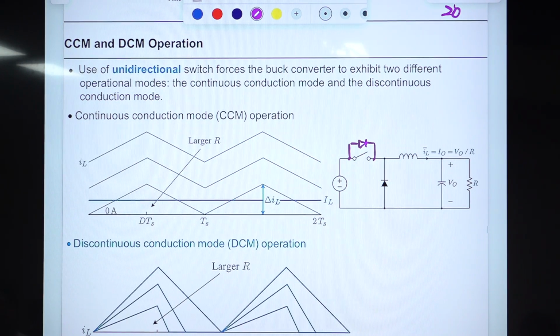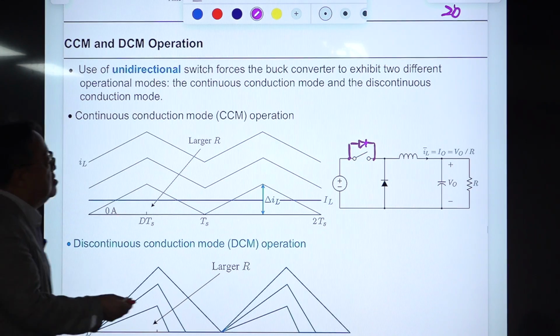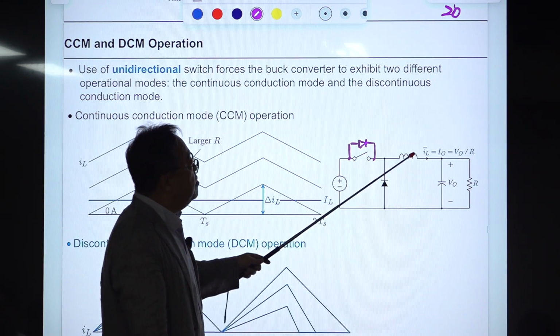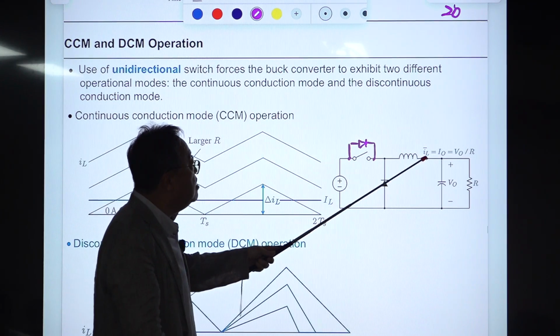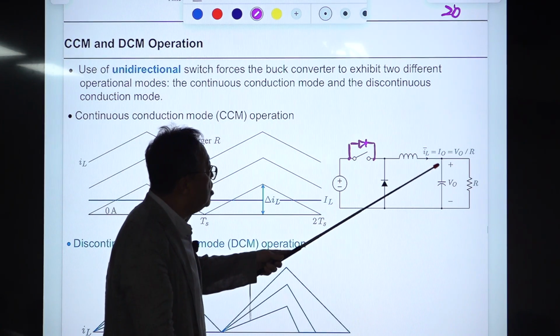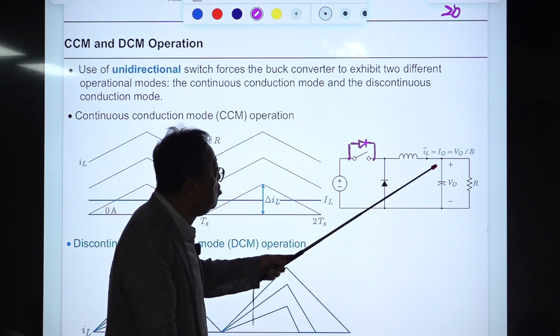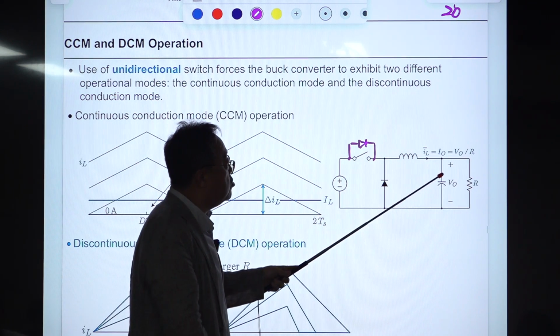And this is the circuit diagram of the buck converter. So I repeat this. IL bar, this bar means the average version of IL. I_L average is I_O, because the average value of the capacitor current is 0.